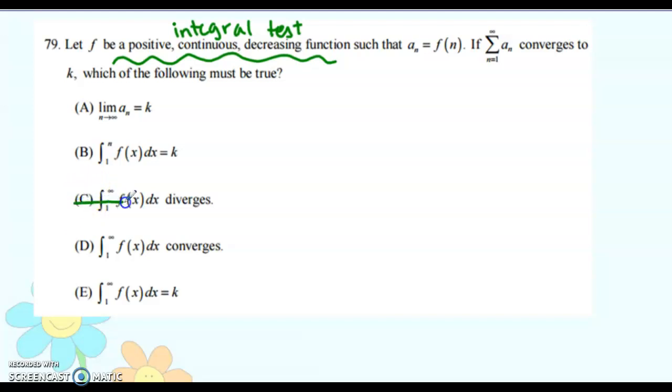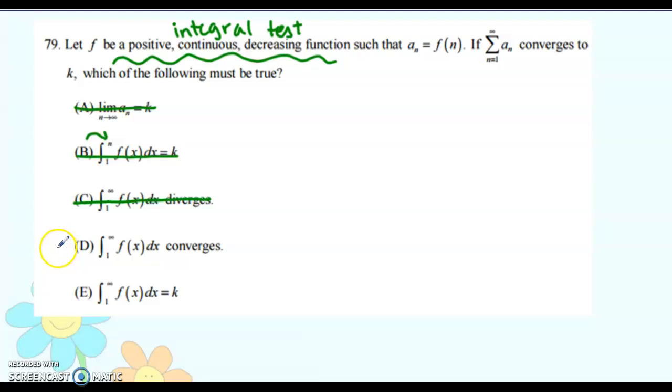So I can cross off letter C because it can't diverge. I can also cross off letter A, because that's the nth term test for divergence, but we're looking for convergence. I can cross off letter B, because there's an n up here, and that's not what we're looking for.